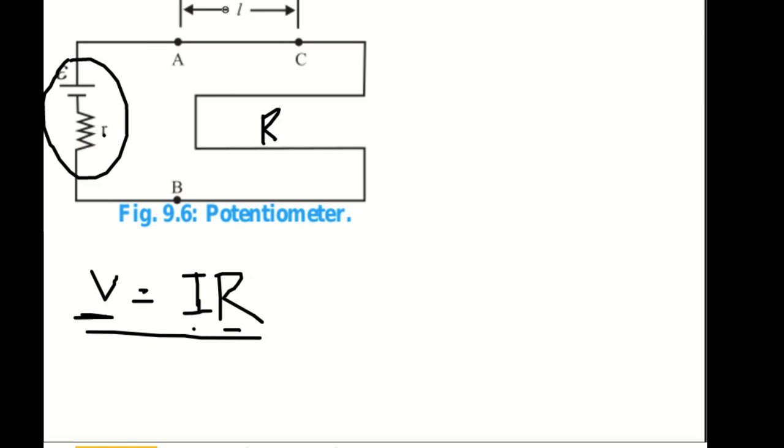In this circuit you can see that the potential difference is epsilon, and the resistance is small r plus capital R, because this is now in series. So the current capital I through this circuit will be given by epsilon divided by small r plus capital R.